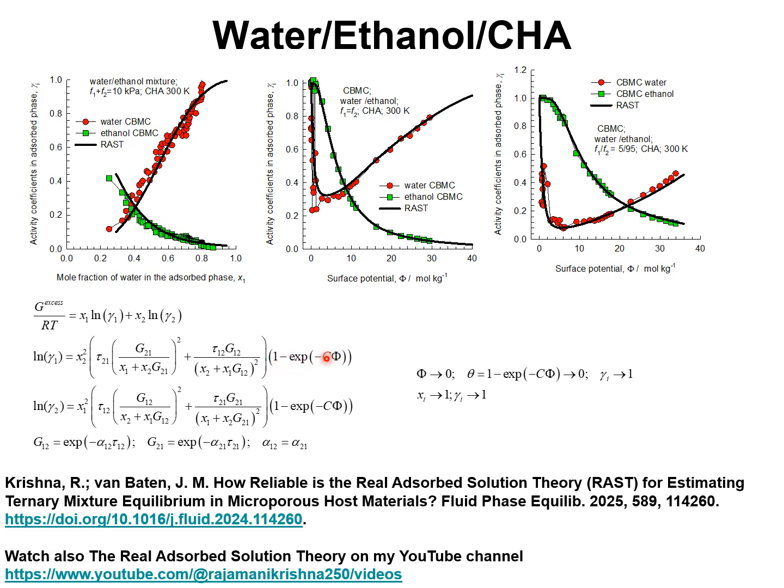C is an additional constant that needs to be determined from fitting the CBMC data, and phi, of course, is the surface potential. This correction factor is essentially the pore occupancy. So essentially what this expression says is that as the pore occupancy tends to 0, the activity coefficients must tend to unity for both components.